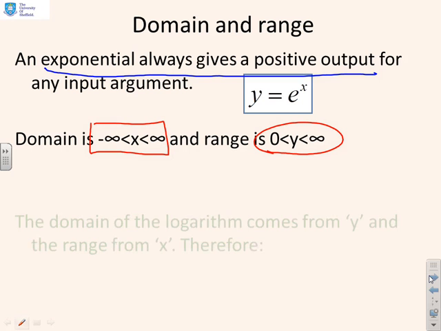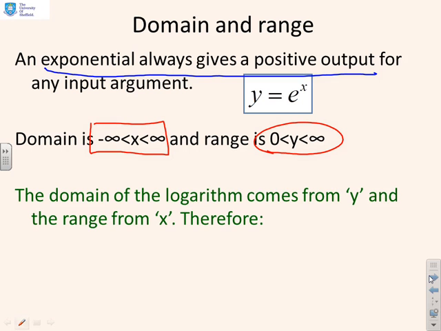Now, because the logarithm is the inverse function of exponential, it means the range and the domain have to swap. So what was the domain of exponential becomes the range of log, and what was the range of exponential becomes the domain of log, because in essence we've swapped the positions of the x and the y.